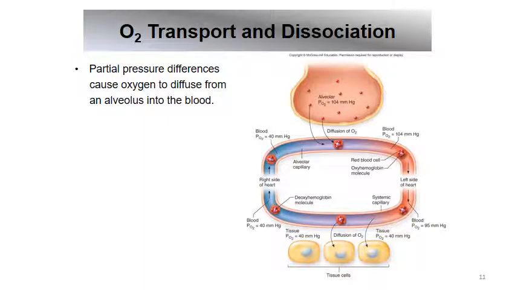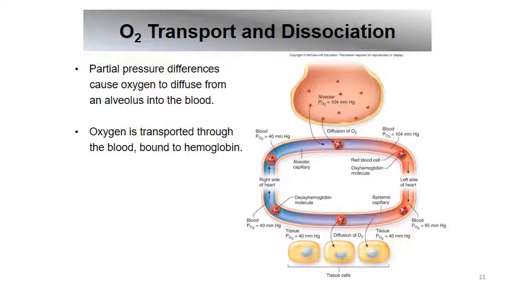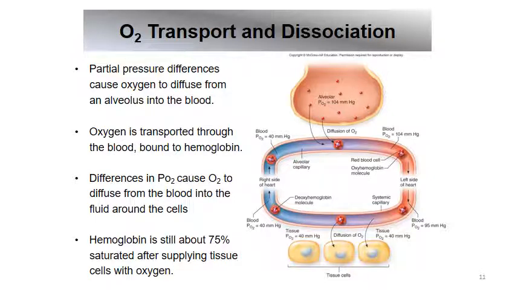And so here, this is just a picture to show the diffusion of oxygen. Partial pressure differences is really what is driving the diffusion. Okay. After the red blood cells circulate in our body and give off the oxygen to our cells, hemoglobin is still about 75% saturated. It's kind of interesting.